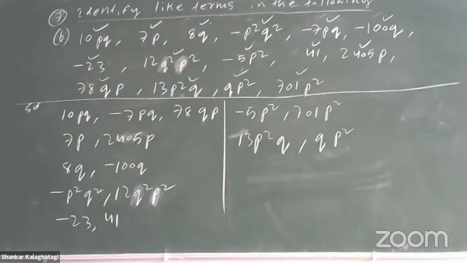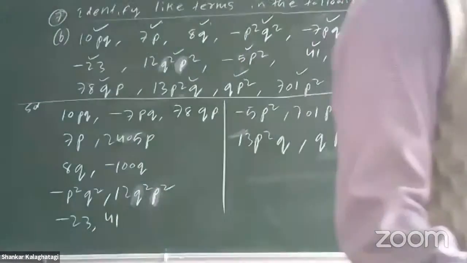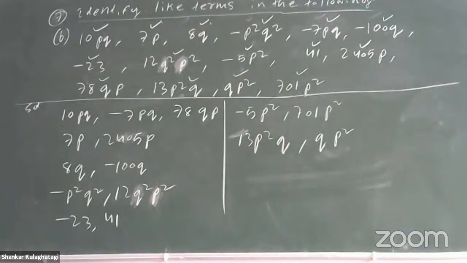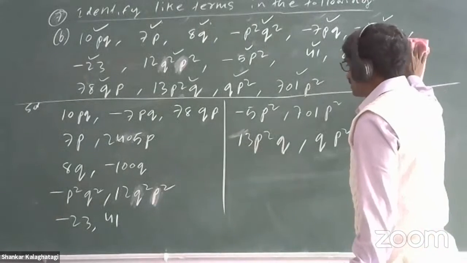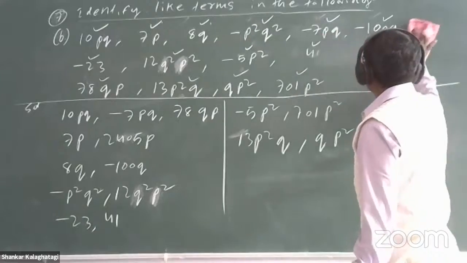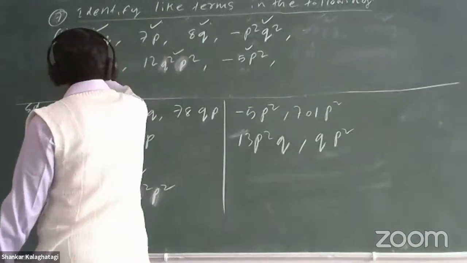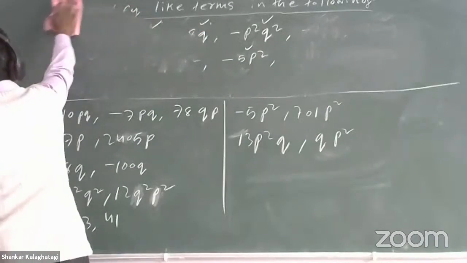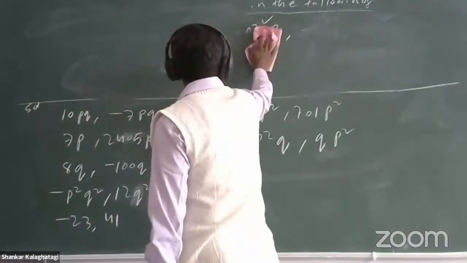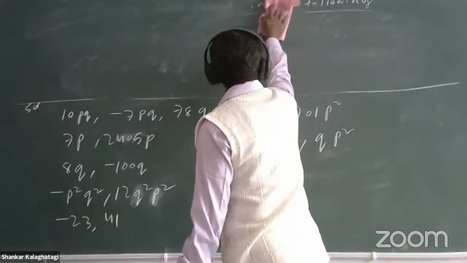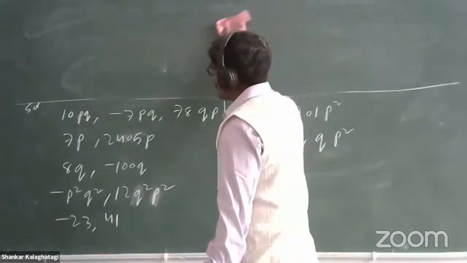Before going to that, only one remember note I will give you, then quit the class. Tomorrow we are going to continue. Exam, school only. I don't know. If school starts, we will take the test in school only. Otherwise, online. Okay?